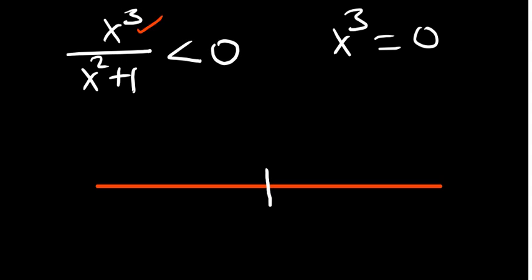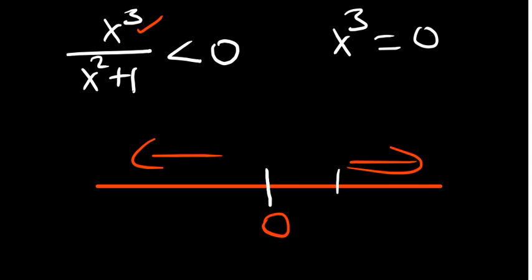Yes. So now, let's ask ourselves a question. Let's try out the values that are greater than 0, maybe 1. Let's plug in there. So 1 to the power 3 is going to be what? I'm looking at the numerator first of all. It's 1.